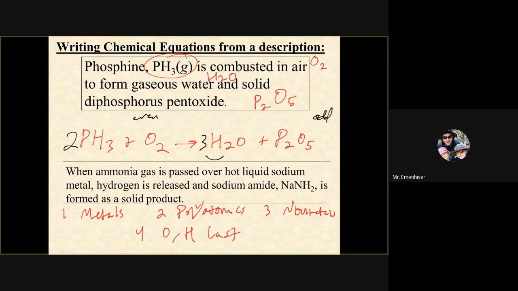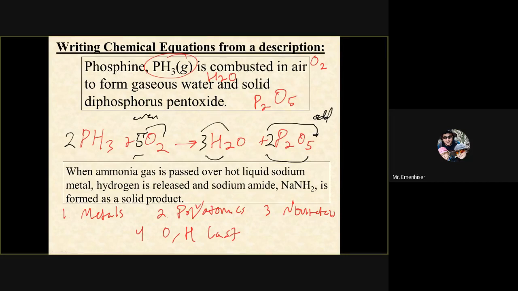So I'm going to have to double this. And then this is going to be 2 times 5, which is going to be 10. And then I can put a 5 there. So that'll give me 10 oxygens on both sides, right? 2 times 5, and then 5 times 2 is 10. And then we can redo the rest. So now I need 2 phosphoruses, and then I need 6 hydrogens.